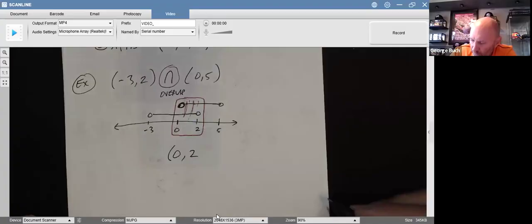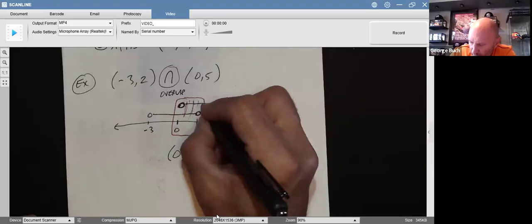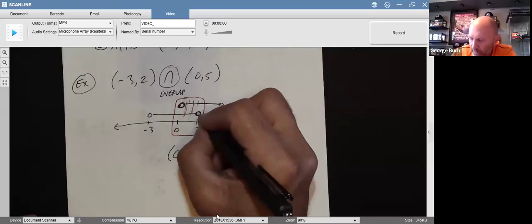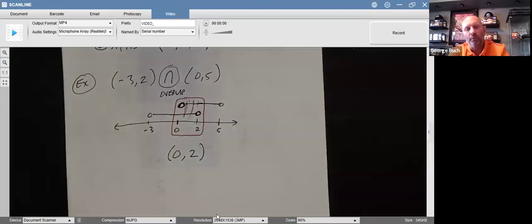And similarly for the 2, there's an open circle here. So even though 2 is included up here, because it's not included down here, I can't include it in the intersection. Therefore, it gets a parenthesis. So my answer for that one, for -3, 2, intersect 0 to 5, parentheses on all of them, would be 0 to 2 with parentheses on my answer.